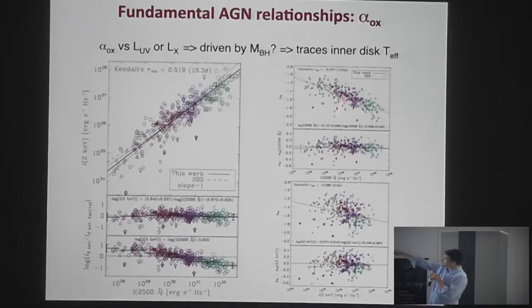But the dispersion here is maybe 0.1, 0.2 over 1, 2, 3, 4, 5 orders of magnitude, which is a pretty good correlation. So this is pretty important. We're not sure if it's necessarily driven by the black hole mass or the accretion rate, but essentially, it's tracing something about the inner disk.